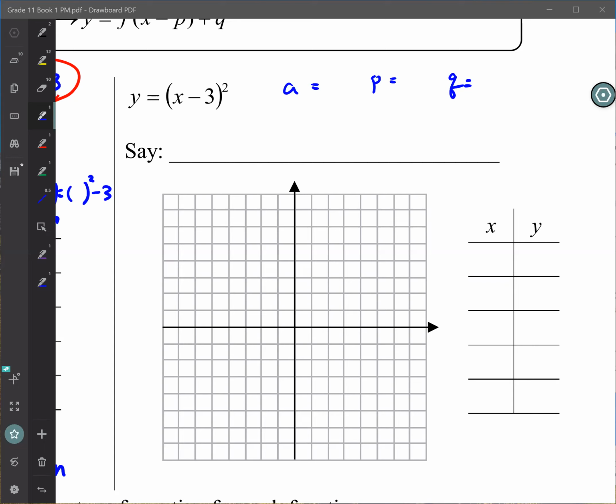Harry, what are your APQ values? I'm not finished. I'm working on my mouse, so I accidentally raised my hand. Okay, it's okay. I'll go over with you, right? What do you think the APQs are?